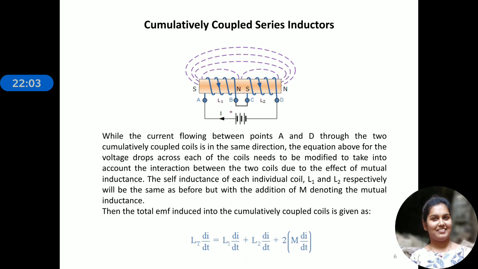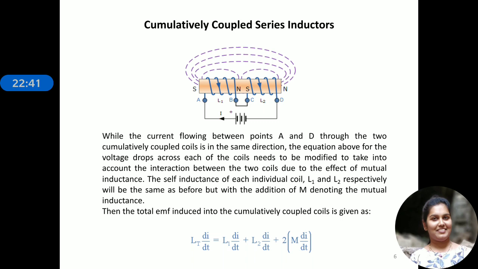The self-inductance of each individual coil, L1 and L2, will be the same as before, but with the addition of the mutual inductance M. So now we consider the self-inductances of the two individual inductors, and in addition to that, we also consider the mutual inductance terms.